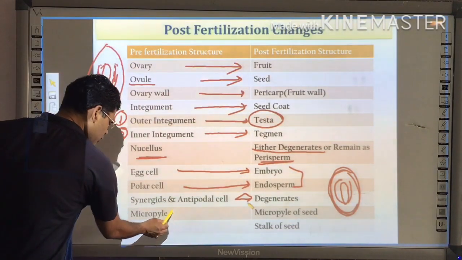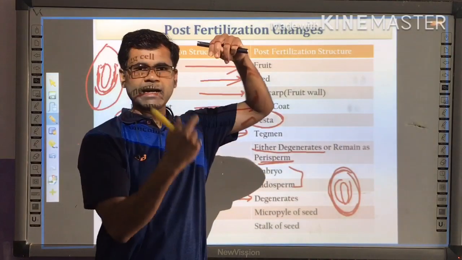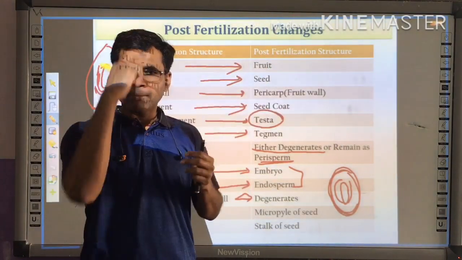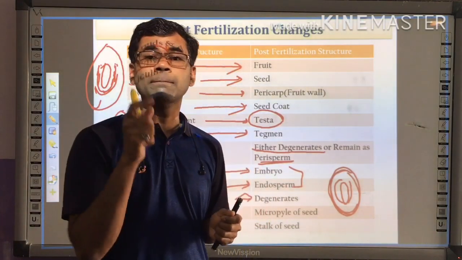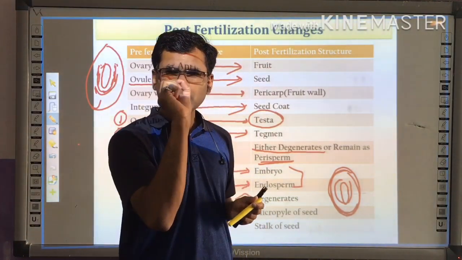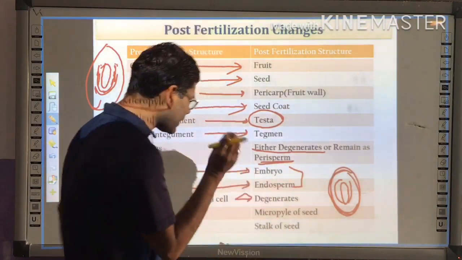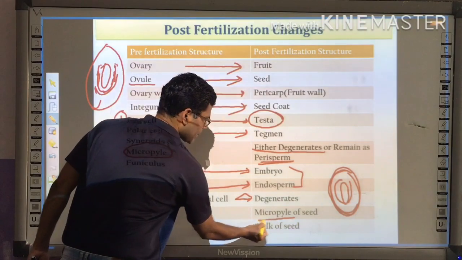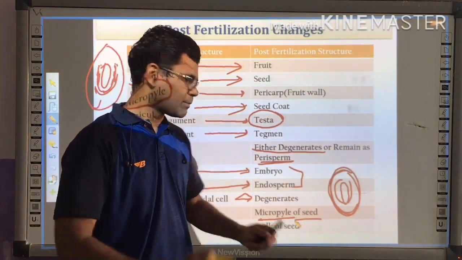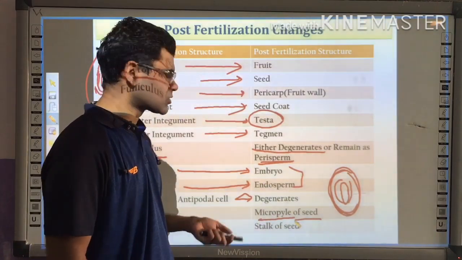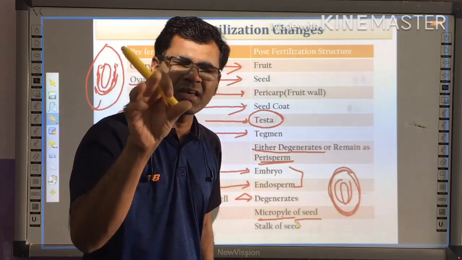Next, the micropyle. We have again studied two ends, the micropylar end and the chalazal end. So what is the micropyle? Micro, small; pyle, mouth. That is a small opening, and this small opening remains as the micropyle of the seed. It remains as an open structure, very small, present in the seed.